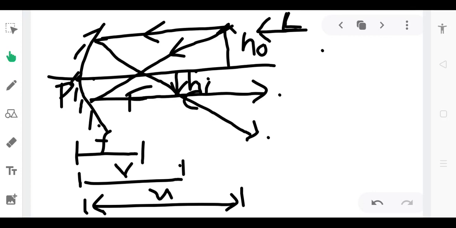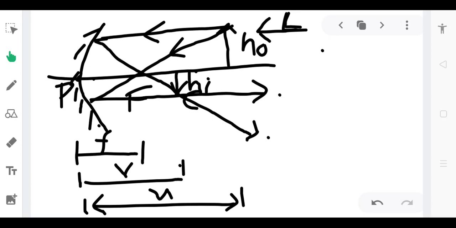For image distance, I start from the pole and move to the image. For object distance, I start from the pole and reach the object. I always follow this direction when measuring any distance for a mirror, whether concave, convex or plane.